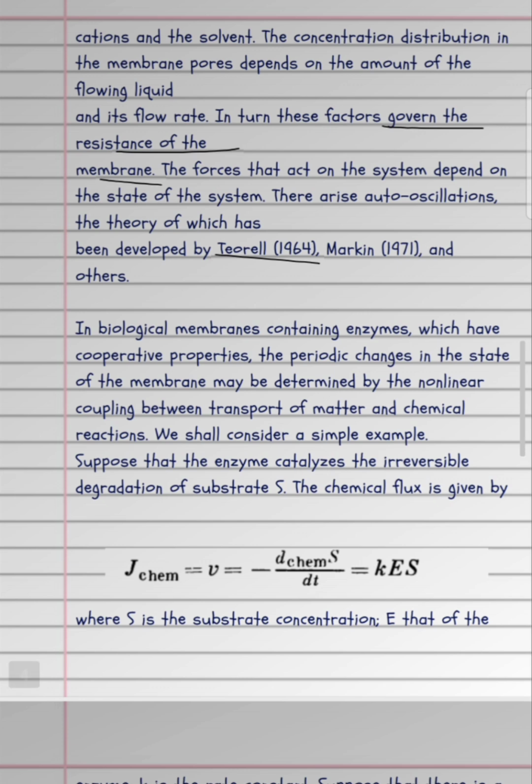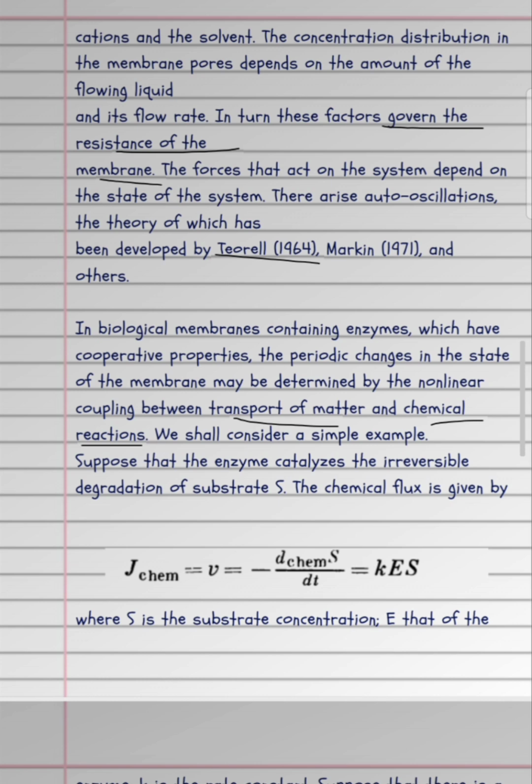In biological membranes containing enzymes which have cooperative properties, the periodic changes in the state of the membranes may be determined by a non-linear coupling between the transport of matter and chemical reactions. We shall consider a simple example.